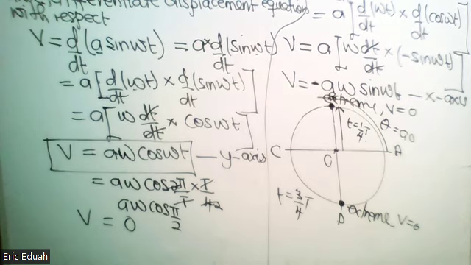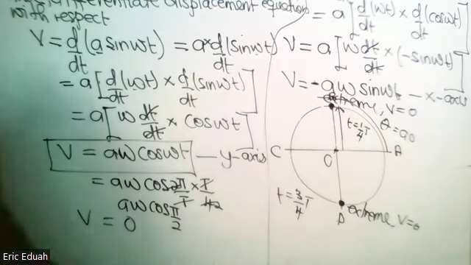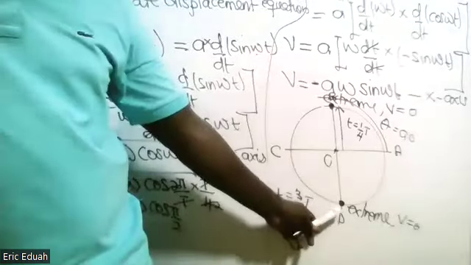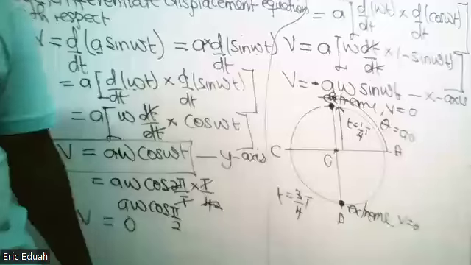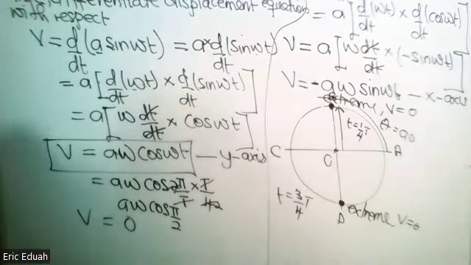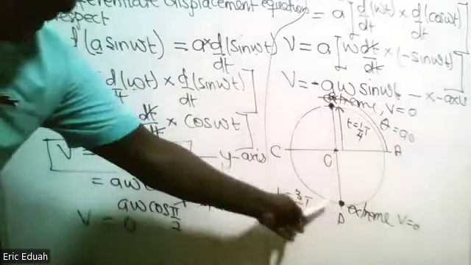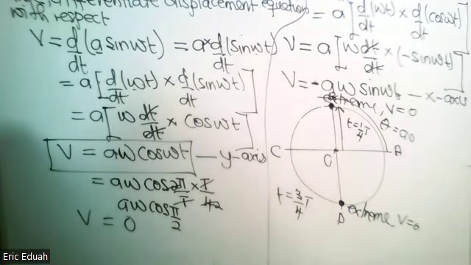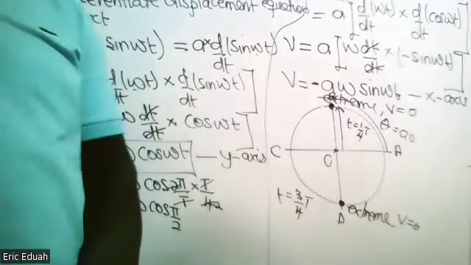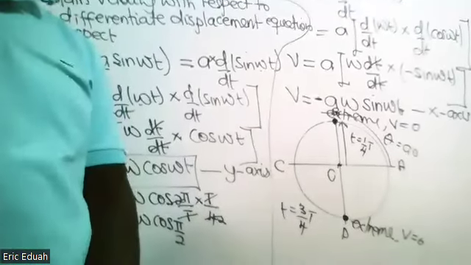Are we through? Yes, please. So what did you get for velocity at D? 0.